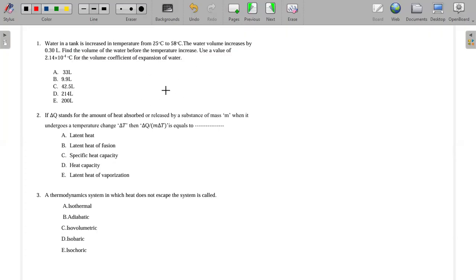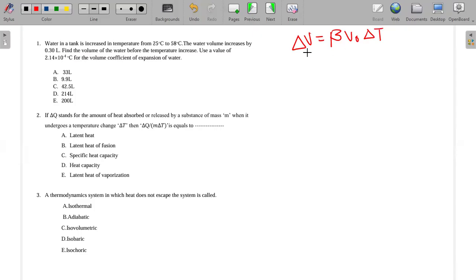This is a multiple choice question, but the basic concept is thermal expansion. In this particular case, we are dealing with volume expansion. The general formula for the change in volume is: change in volume equals the coefficient of volume expansion, beta, multiplied by the initial volume, multiplied by the change in temperature.